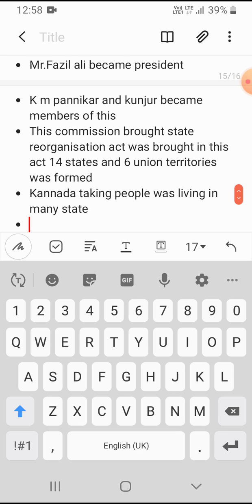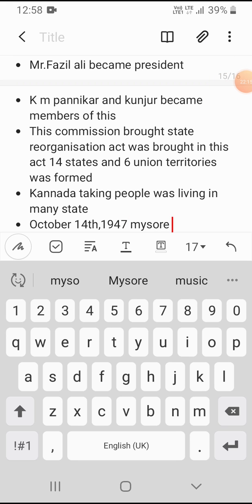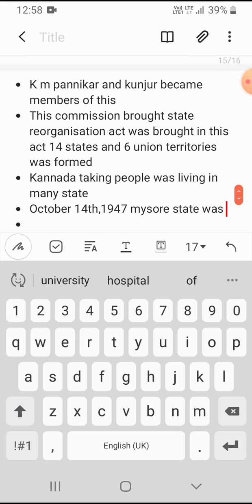After that, Mysore state was formed on October 14, 1947.